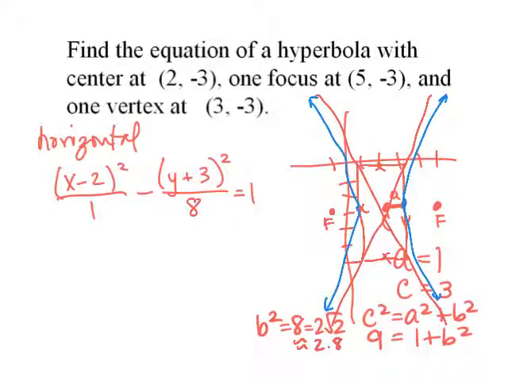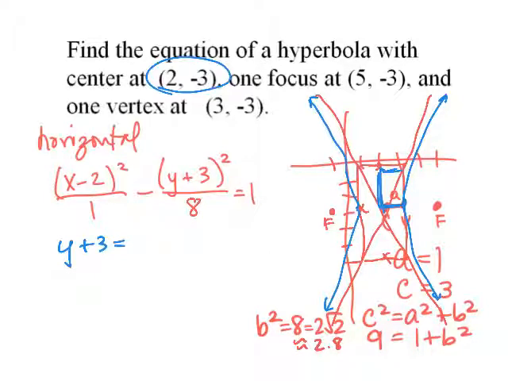All right, let's write down the equation for those asymptotes, kind of the final step we need to do here. So I'm going to write it in point-slope form. So it's going to be y plus 3, since my point is going to be my center, 2, -3. And then my slope here, I can't just assume it's a over b, it's rise over run.